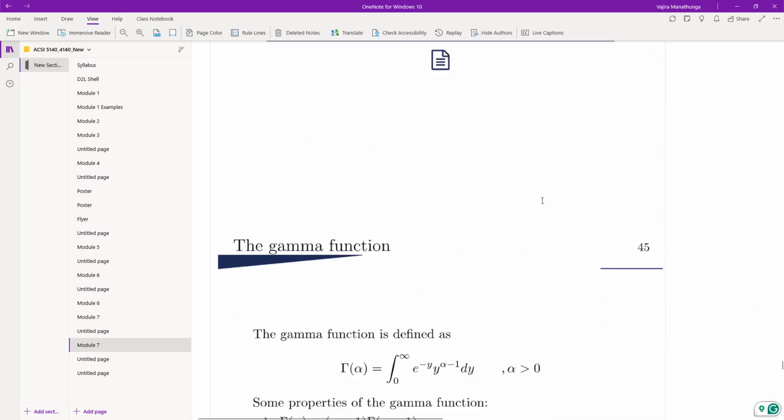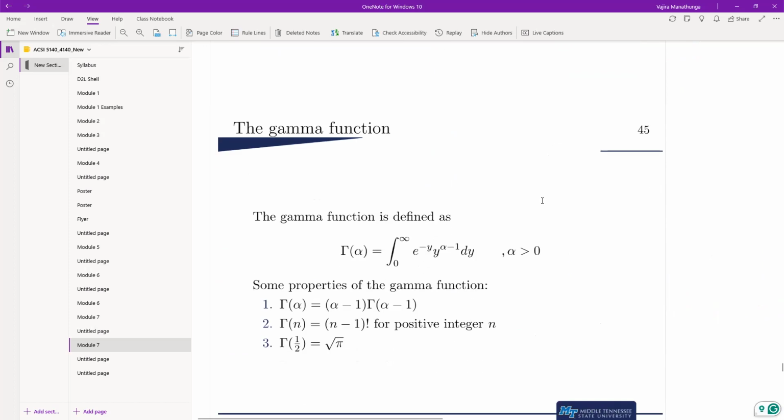So here, two other continuous distributions, gamma and beta. The gamma function is defined using this integral. Here you can see a few properties. Gamma alpha equals alpha minus 1 times gamma alpha minus 1.